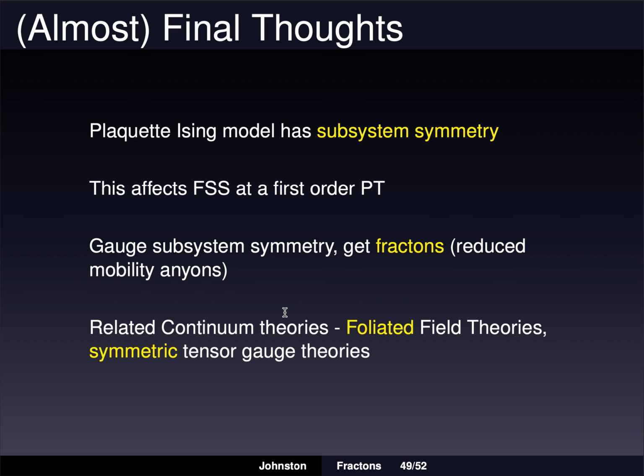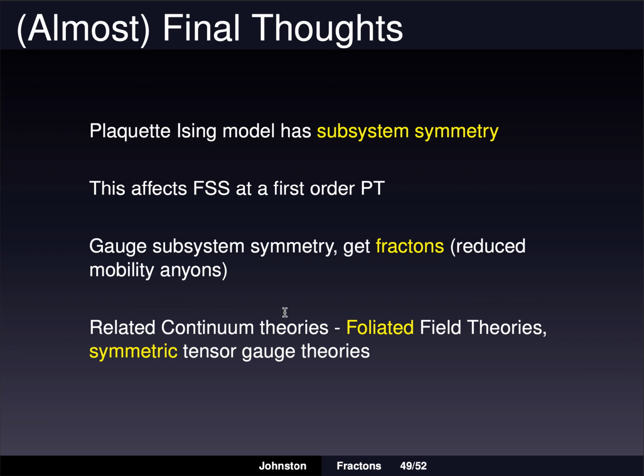So the original model has got a sort of reduced mobility symmetry. It's not the full symmetry, it's not global, it's not a local symmetry. Certain subsystems can flip. There's symmetry there. So this gets picked up whenever the model is gauged and inherited by the fractonic excitations.